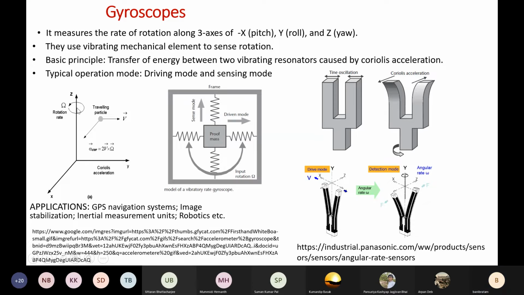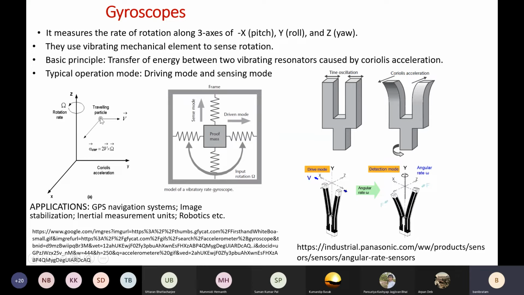Then depending on this omega and this velocity, depending on their cross product, v cross omega, a force will be developed which will be perpendicular to both the y and z axes. That means along the x axis one force will be developed, the cross product of velocity v and omega. That force is called the Coriolis force.